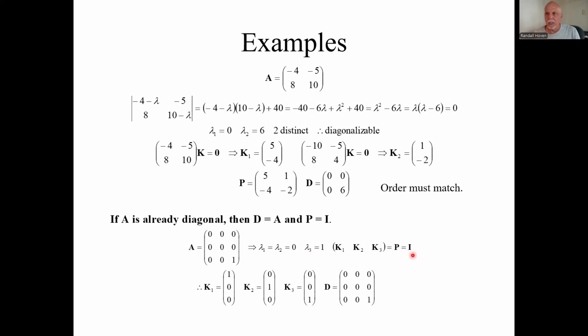P is the identity. So the eigenvectors are just the columns of the identity matrix. And we could find the eigenvalues and the eigenvectors of this A really easily. We didn't need to take a determinant and all that stuff. So anyway, that's diagonalization, and that's the last subject of my course that I call linear algebra.